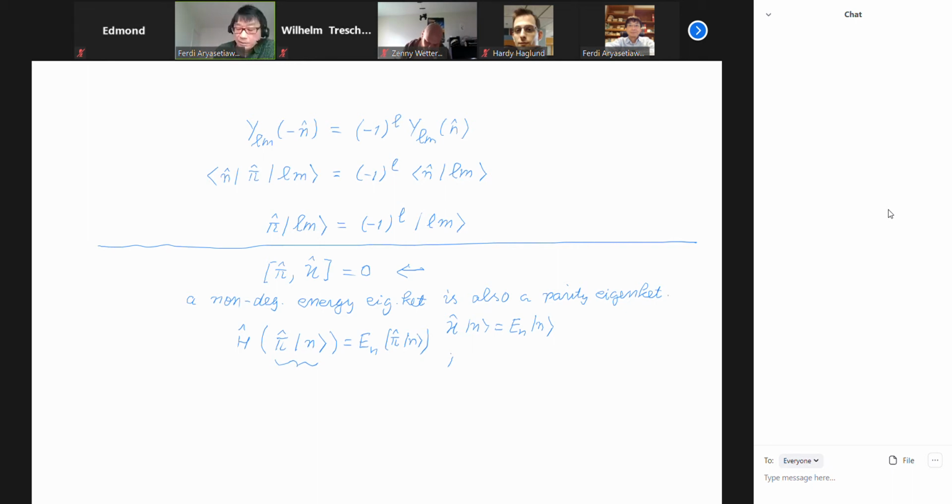If the state is non-degenerate, then it implies that pi|n> must be proportional to |n>. So it has to be just some constant c times |n>, some phase factor. So if we apply this again twice, then we get c squared.